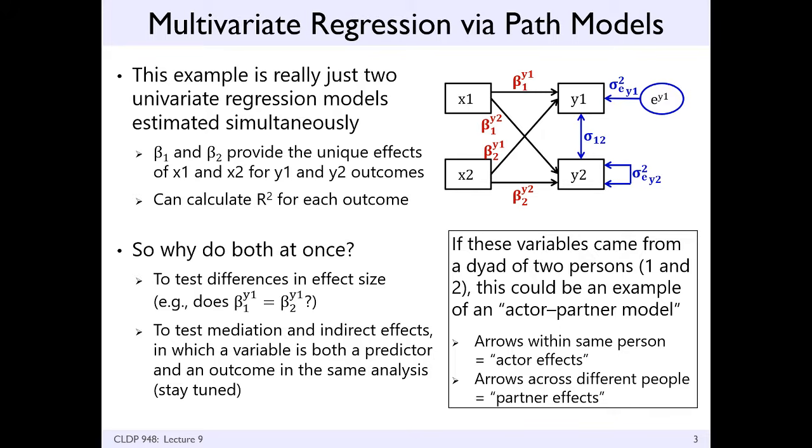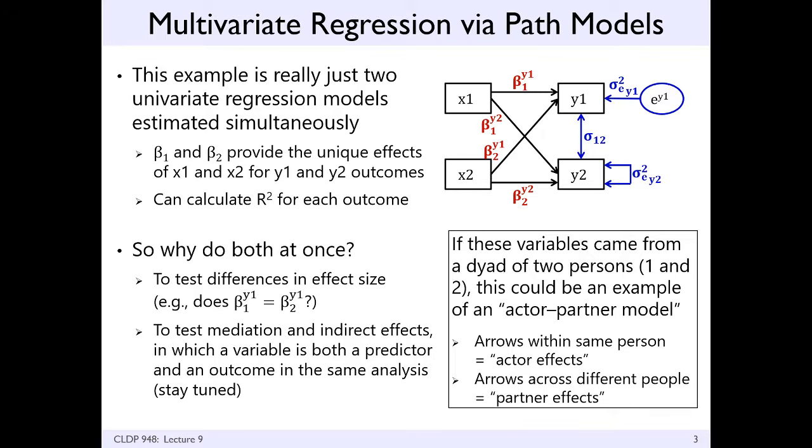And so if you want to know if my predictor predicts me to a greater extent than it predicts you, that is testable by setting these fixed effects to be equal to each other in whatever pattern you're trying to ascertain, and seeing how much worse the model fits. So that's a special case of what I would call multivariate regression, broadly construed.